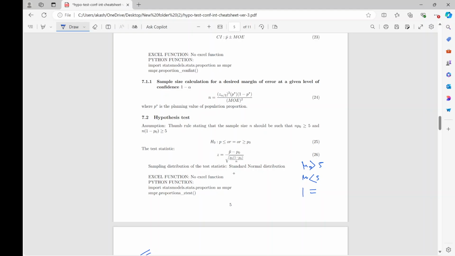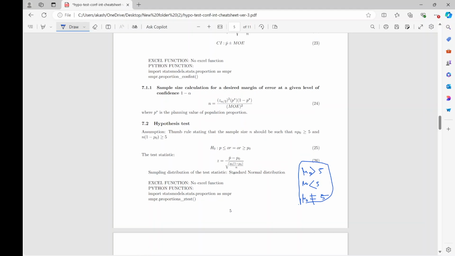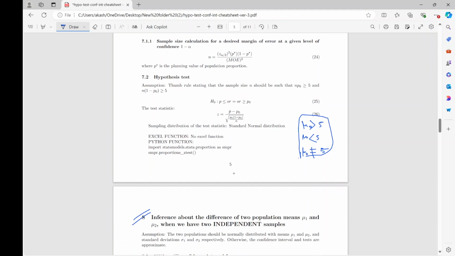If our hypothesis is not equal to 5, then it is a two-tailed test. Now remember, these are the alternative hypotheses. The null hypothesis will be the opposite of this.